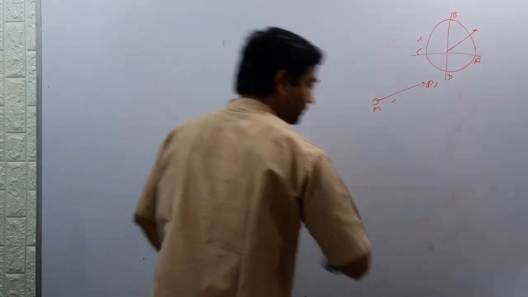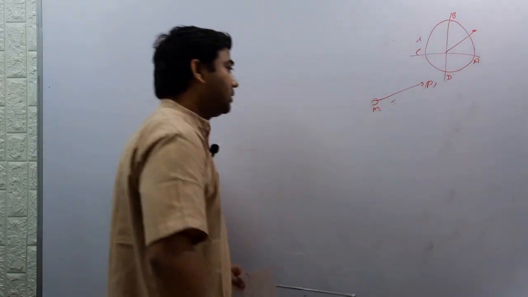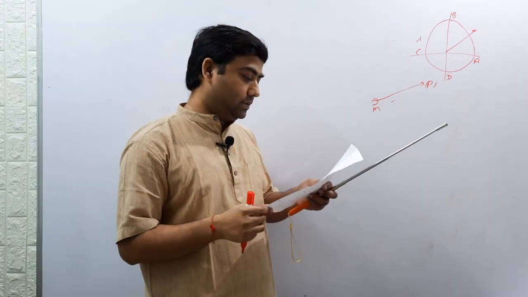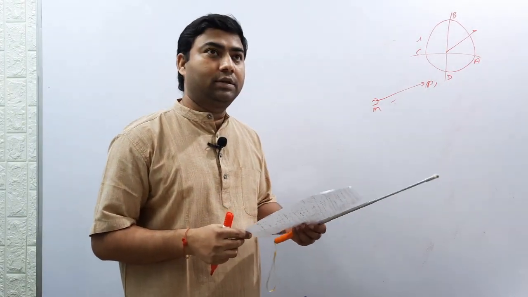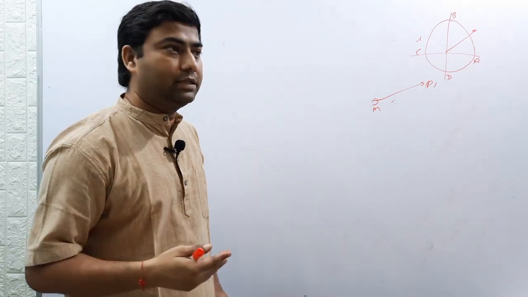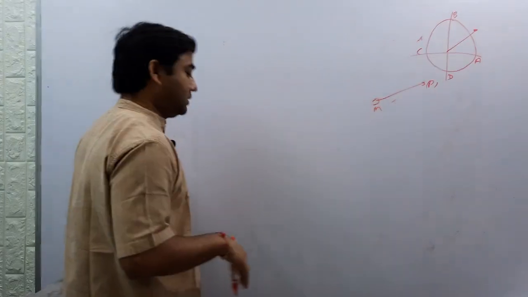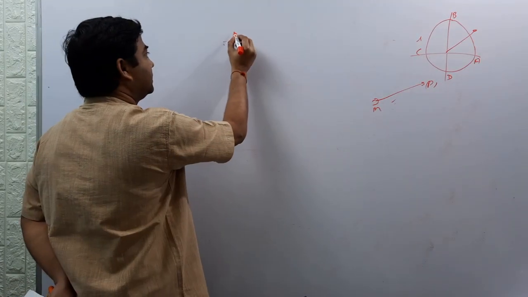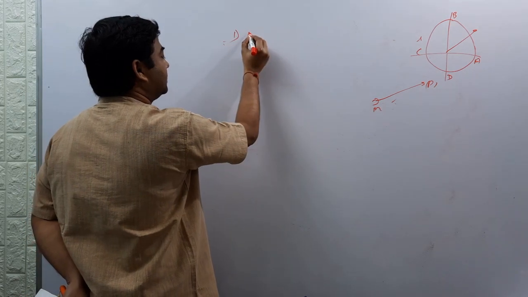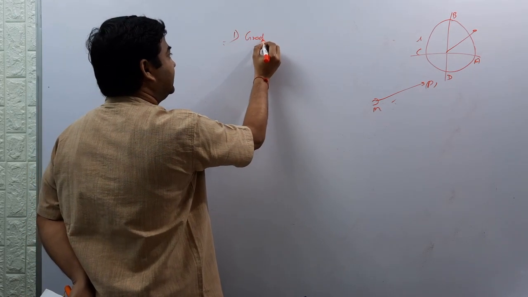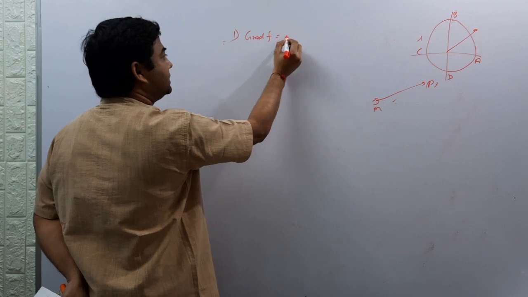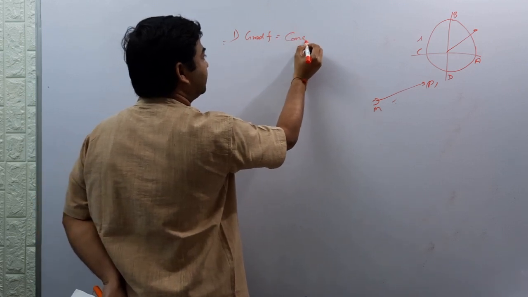So we have discussed a few problems and a few concepts of line integration. I will summarize all those concepts. First is that grad F is a conservative vector field.